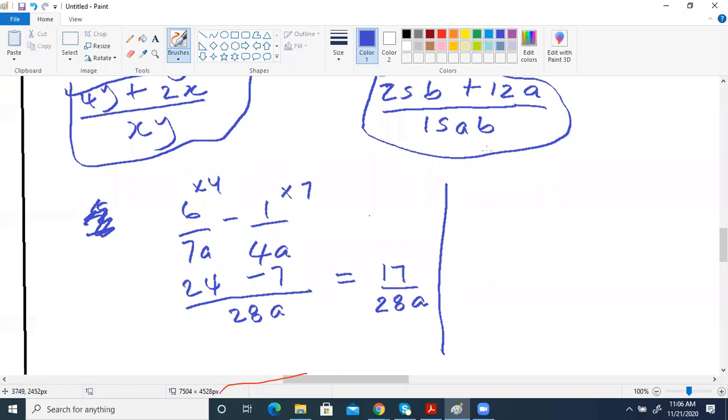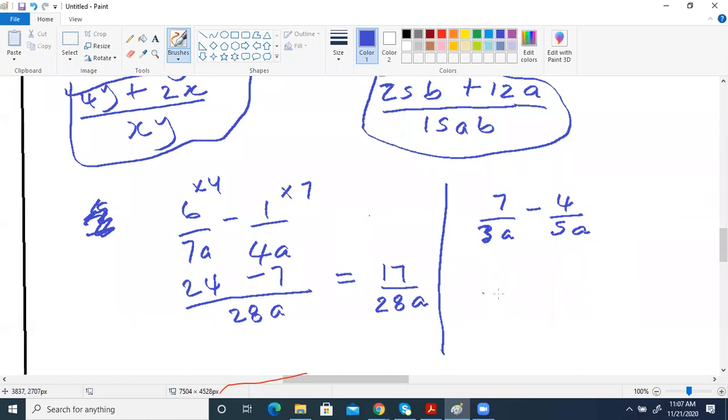What about this one? 7 over 3a minus 4 over 5a. Let me try that one. 13 over 15a.